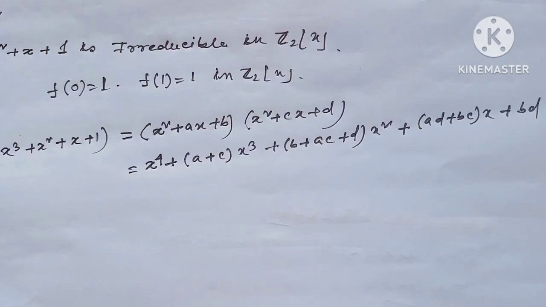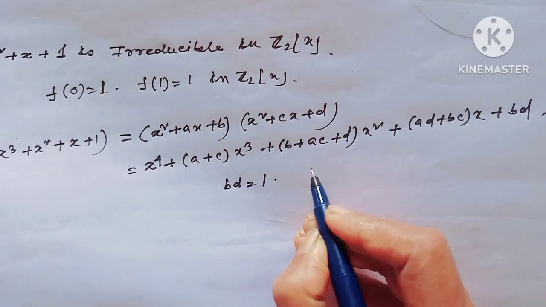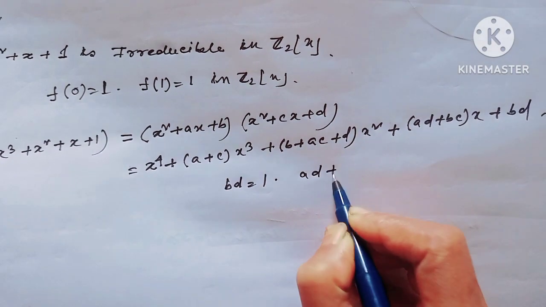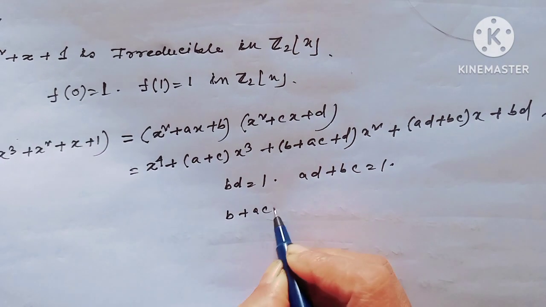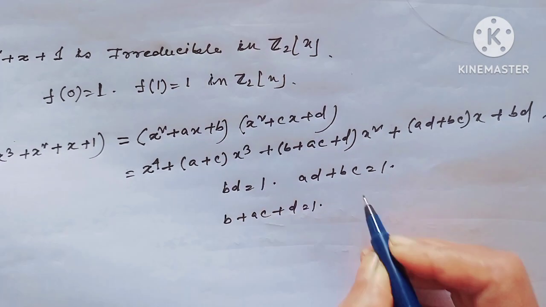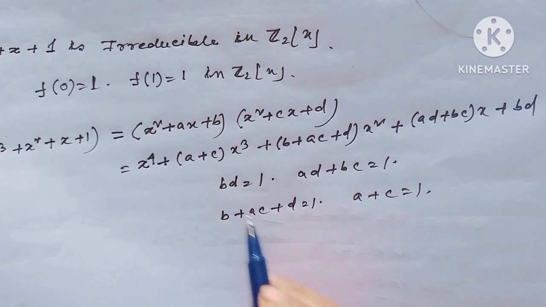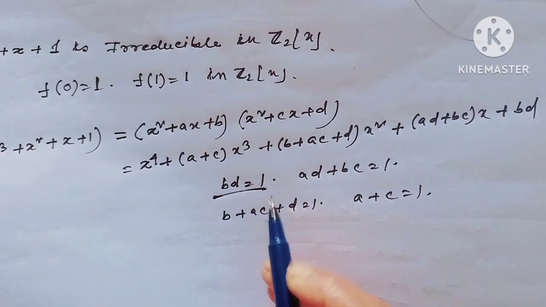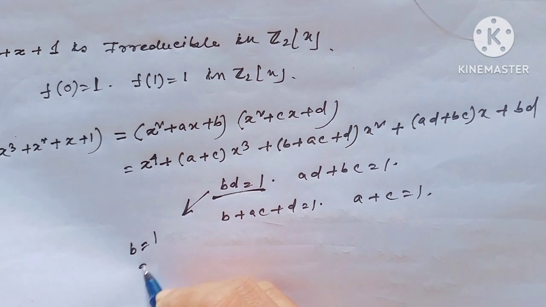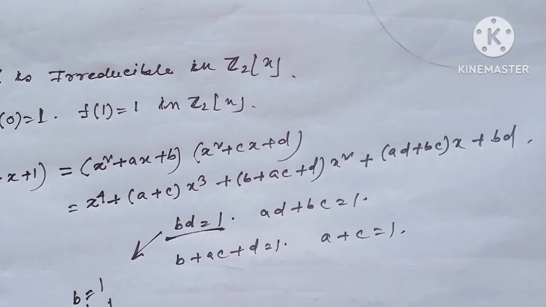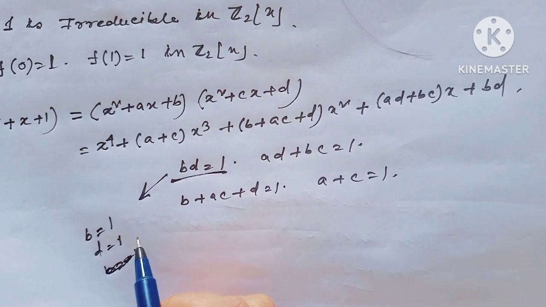By comparing, I will get bd equal to 1, ad plus bc equal to 1, b plus ac plus d equal to 1, a plus c equal to 1. And by bd equal to 1, this implies b equal to 1 and d equal to 1.